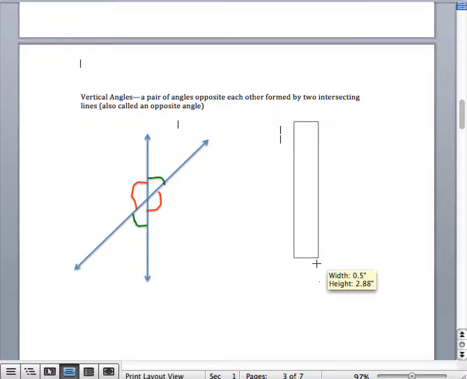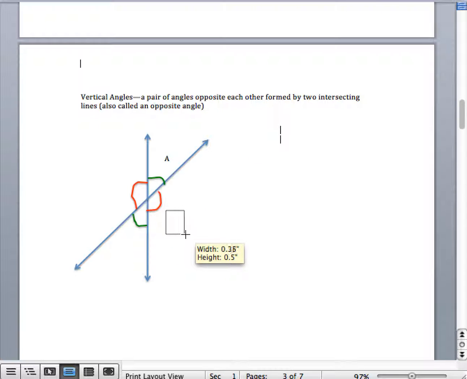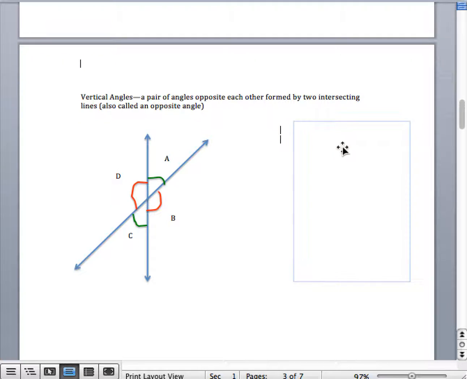So let's go ahead and call this angle A, and we'll make this angle angle B, and this angle angle C here, and then another, last but not least, angle D. So we have angle A, B, C, and D.